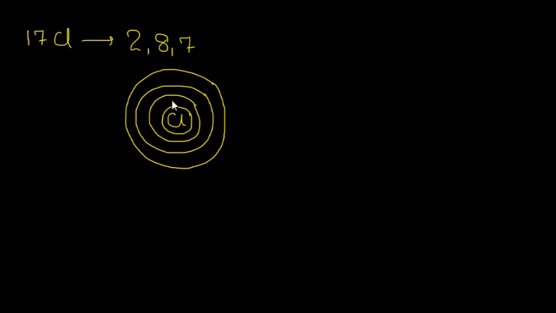Now in the first shell, chlorine contains 2 electrons. In the second shell, it contains 8 electrons, and in the third shell it contains 7 electrons. So it is always easier for chlorine to get the stability of 2, 8, 8.